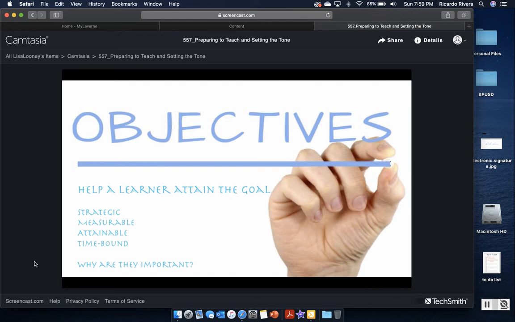I've been seeing a lot more of these objectives in syllabi. So as you review your syllabus as one of the assignments later in the semester, some of you may see objectives built into it, right? Measurable goals.